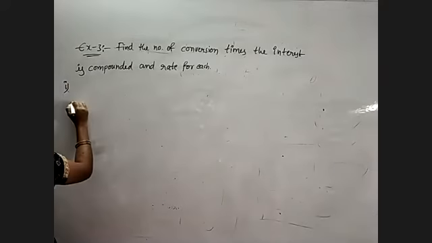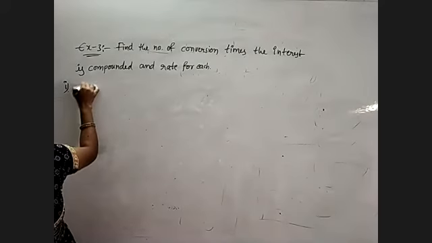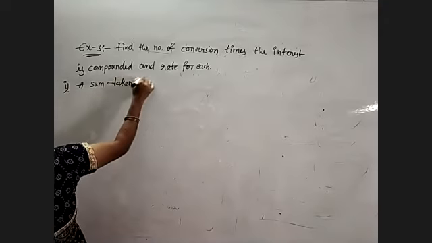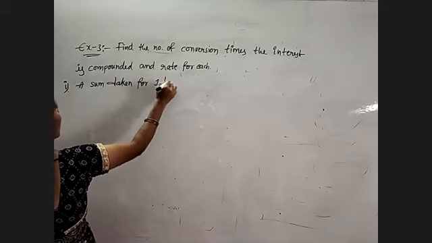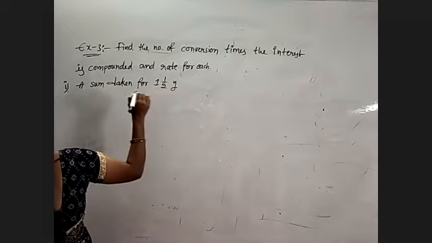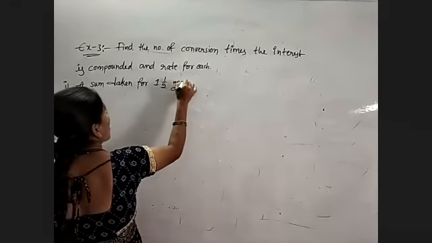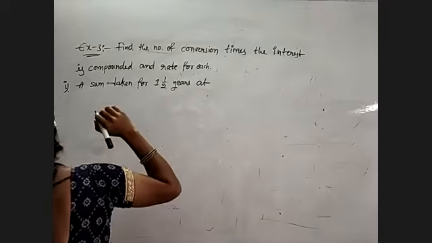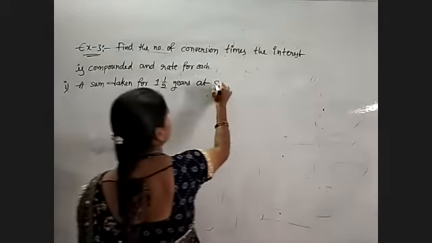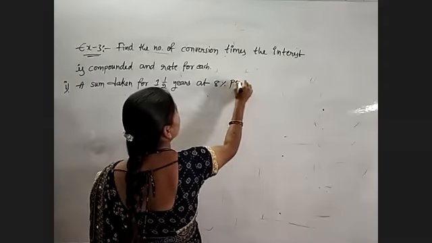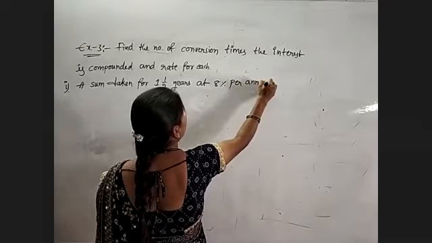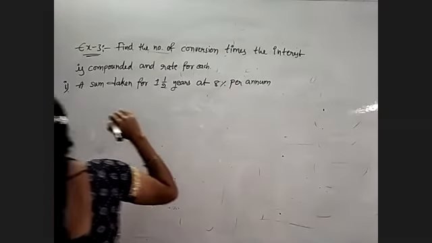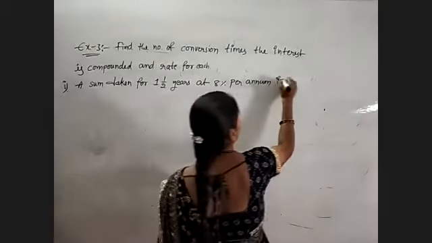First question: a sum taken for 1 1/2 years at 8% per annum is compounded half yearly.